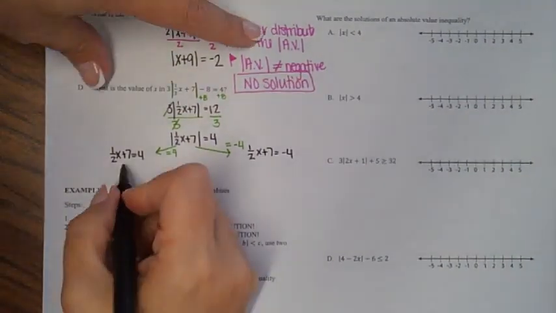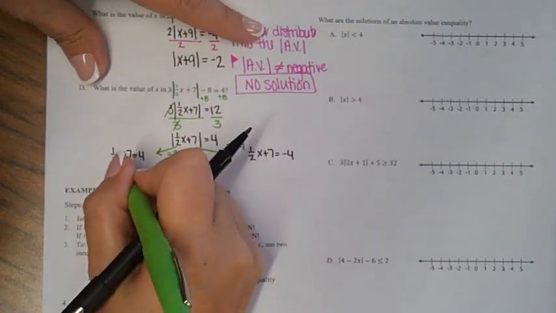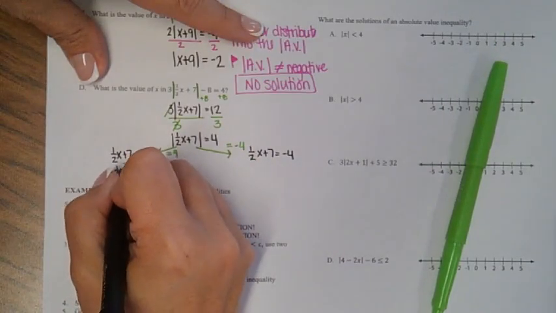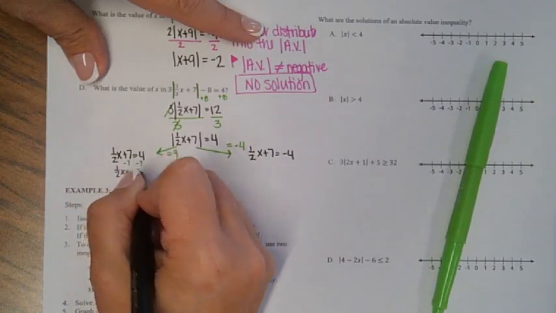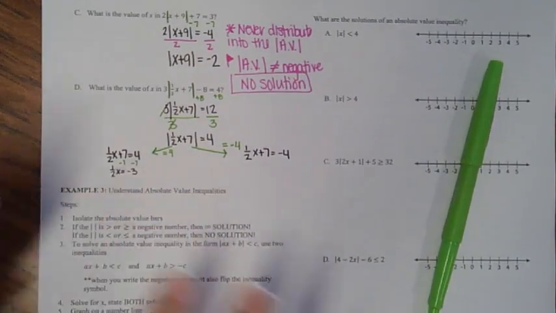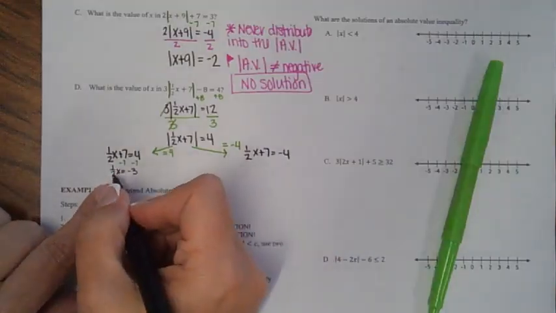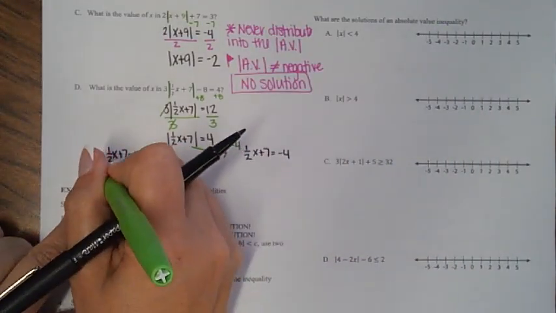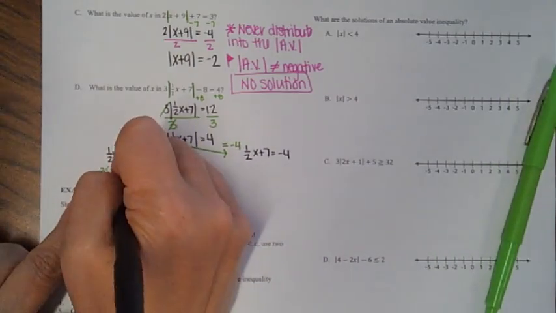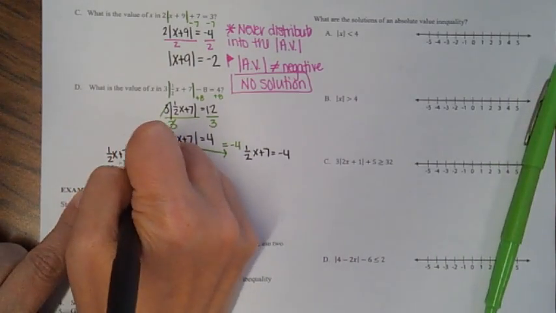All right, when we solve, so starting off, I'm going to subtract 7 from both sides. 1/2 x equals negative 3. And it's okay that we have a negative now because our absolute value bars are gone. So from here, I'm going to multiply both sides by 2. That way that fraction cancels out, and x equals negative 6.